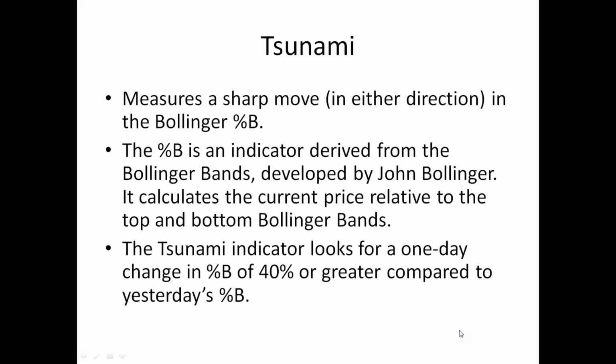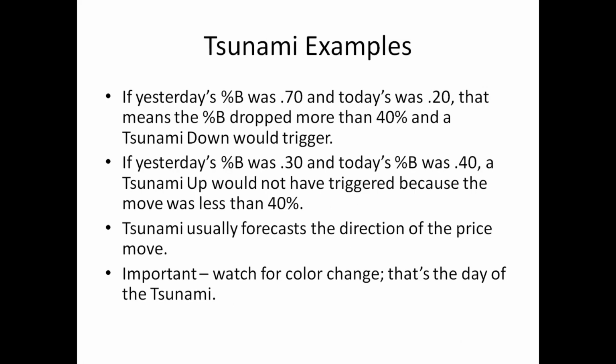It looks for a one-day change in the percent B of 40% or greater compared to yesterday's percent B. Mathematically, if yesterday's percent B was 0.7 and today was 0.2, well, 40% of 0.7 is 0.28. So if we've gone from 0.7 to 0.2, 0.5 is greater than 0.28, a Tsunami down would trigger because we went from 0.7 to 0.2.